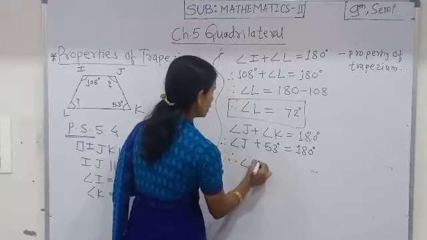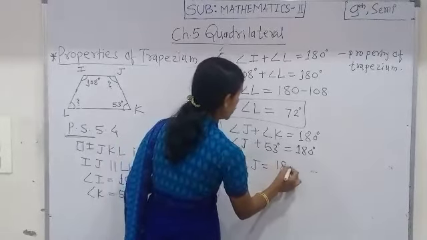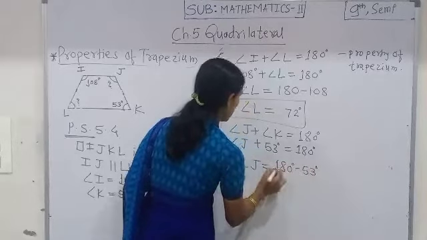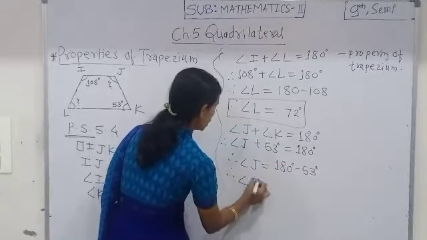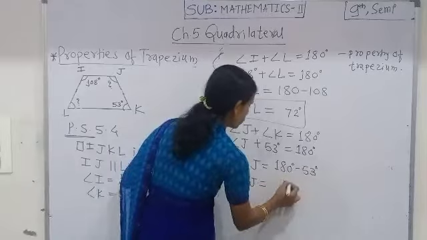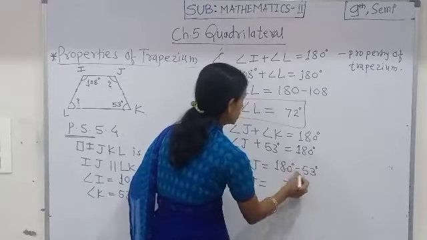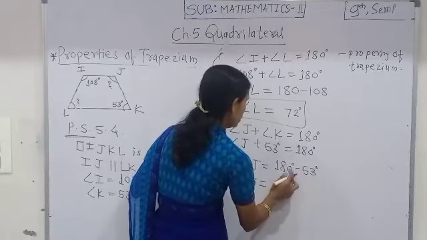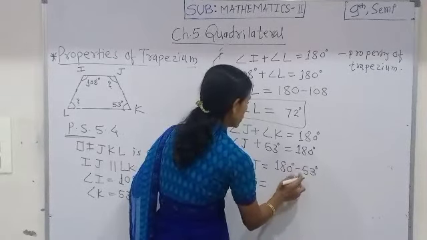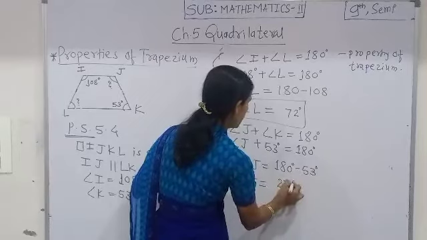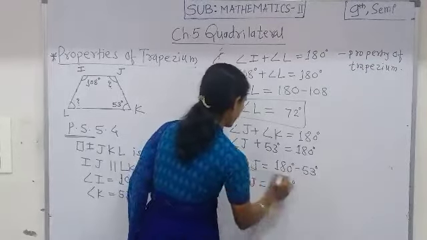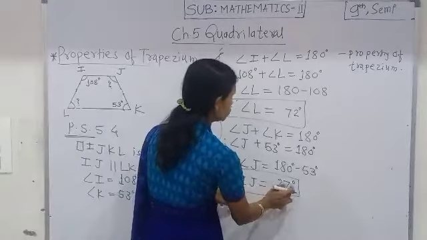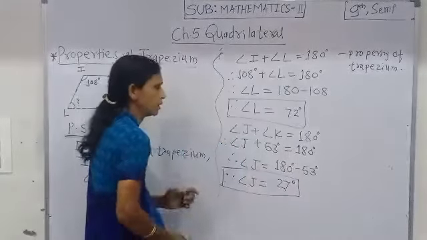Therefore angle J is equal to 180 degrees minus 53 degrees, that is 127 degrees.